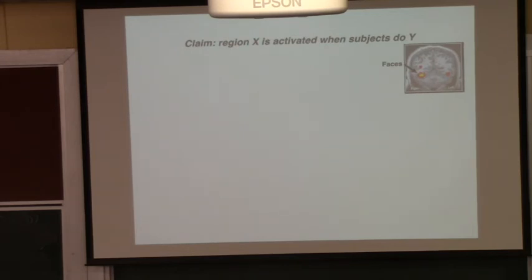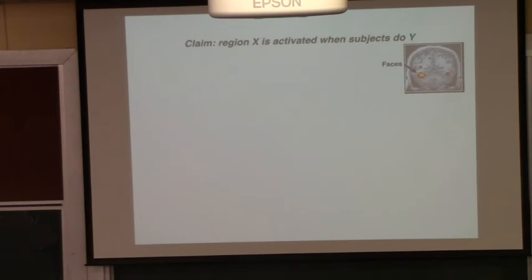Okay, and basically the contrast that people did was they showed faces to subjects and had them also look at a blank screen, did a contrast between those two conditions, and found that faces were activated. This is a bit strange because the cerebellum isn't really known to be face selective, right? It doesn't usually activate for faces.